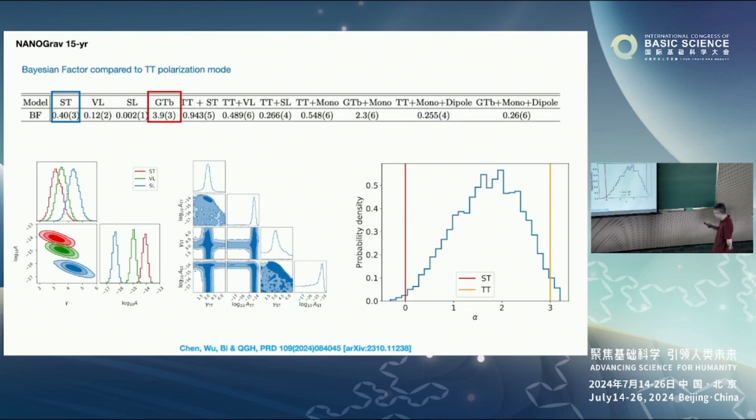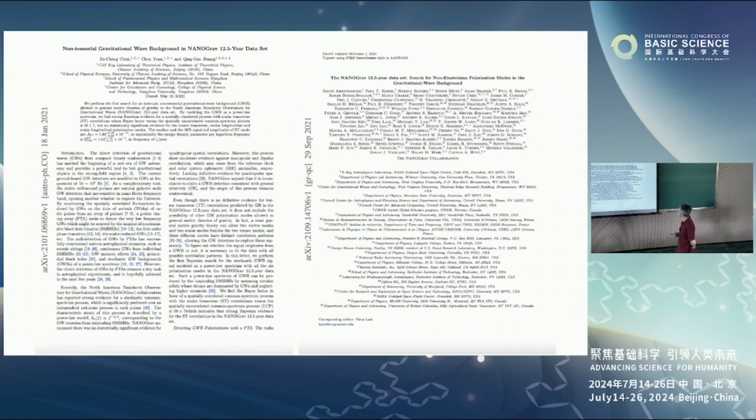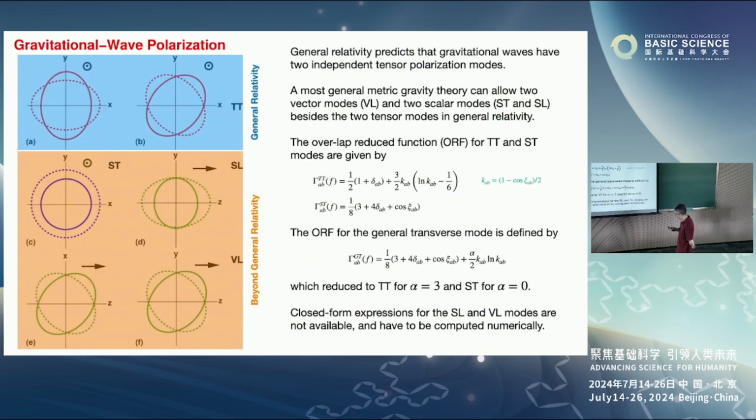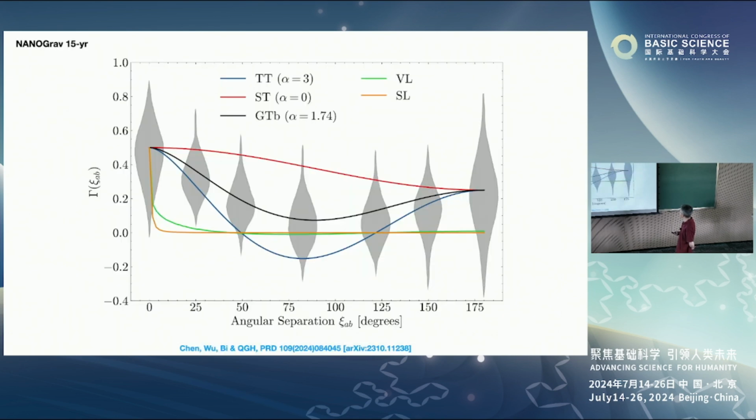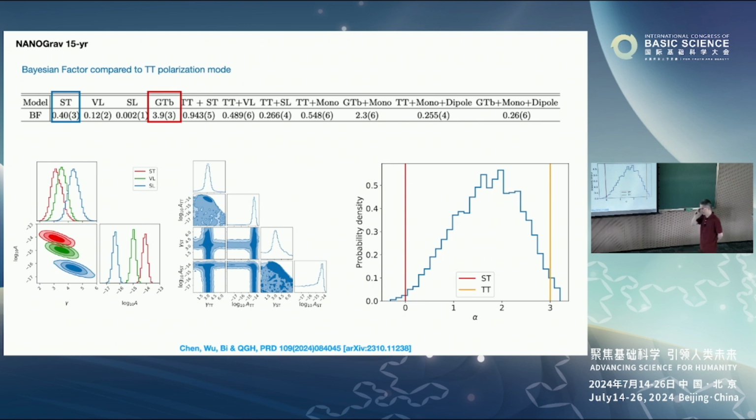So previously, I also introduced a new parameter alpha here, right? So we can simultaneously consider these two modes. If alpha equals 0, it corresponds to the scalar transverse mode, and alpha equals 3 corresponds to the TT mode. It is very interesting that the NANOGrav 15 years dataset prefers alpha in the middle, not 0 and not 3.